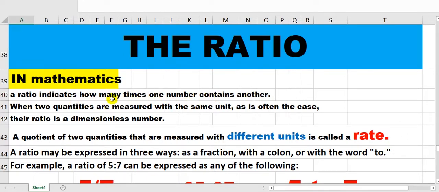Take care, these quantities or numbers have the same units. When the two quantities are measured with the same unit, we call it a ratio. But if the quantities or numbers are measured with different units, we don't call it a ratio, but we call it a rate. Rate of change, rate of growth, rate of this.